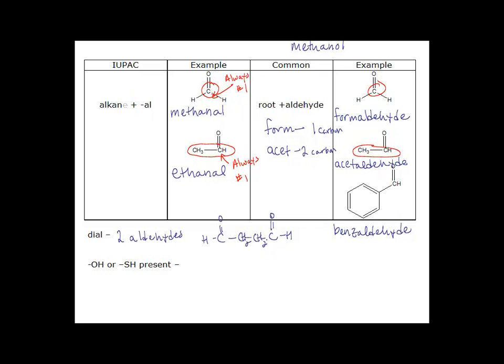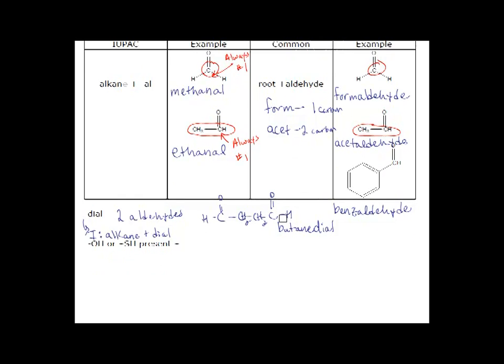You just can say butanedial. So this molecule is called butane, so you have the parent plus dial. So butanedial. So I'll put this. The dials are named according to this: alkane plus dial. You don't need to put numbers.